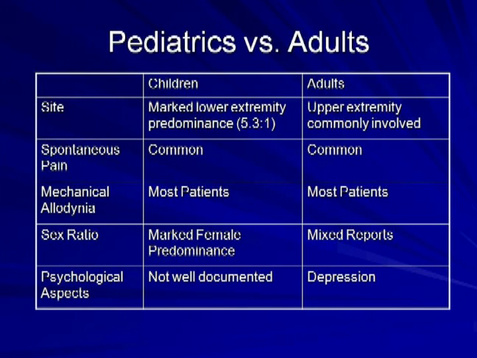Psychological aspects are not well documented in children, but depression and marked psychological changes occur in adults with CRPS. And it used to be thought that the psychological changes were creating the symptomatology, but it has been agreed upon that the CRPS produces the depression.